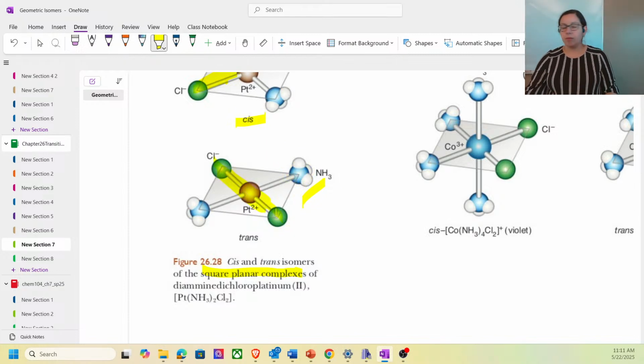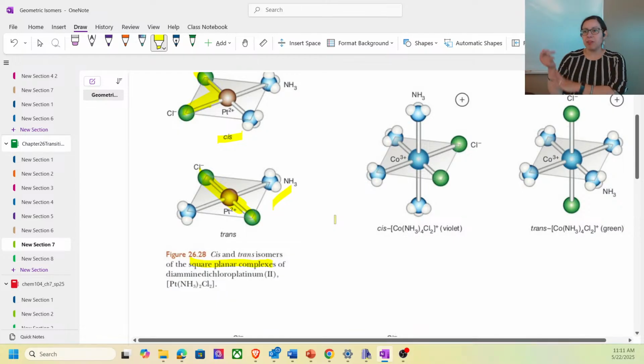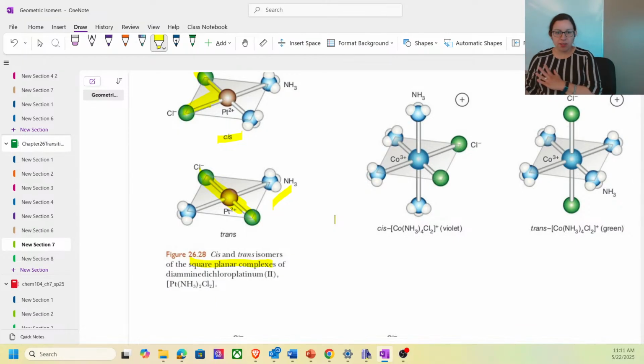Is it square planar because it's the d8 configuration? Yes and no. Typically speaking, you're correct. This starts to get into more in-depth chemistry and recognizing those trends, which is beyond the scope of this course.